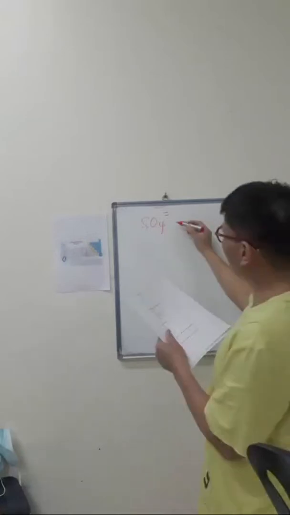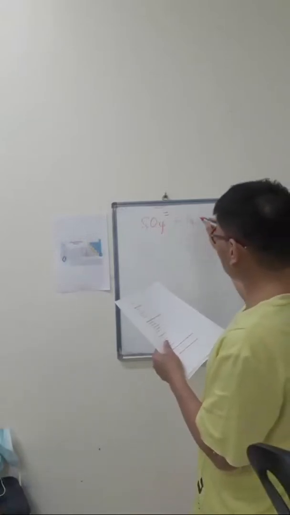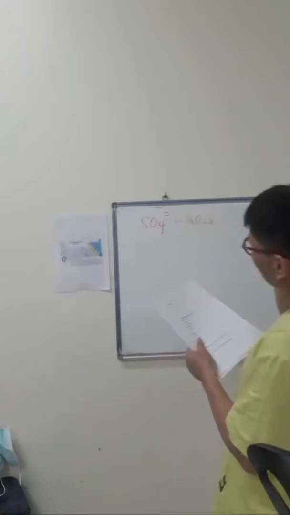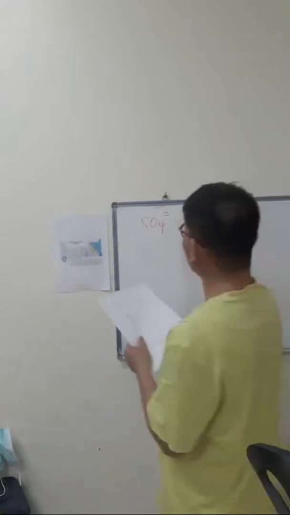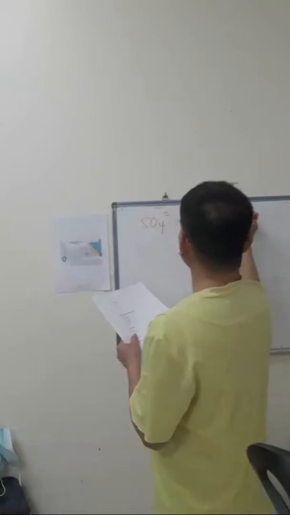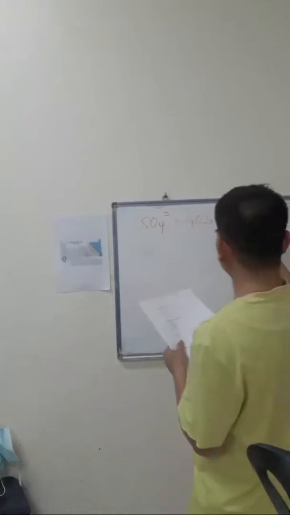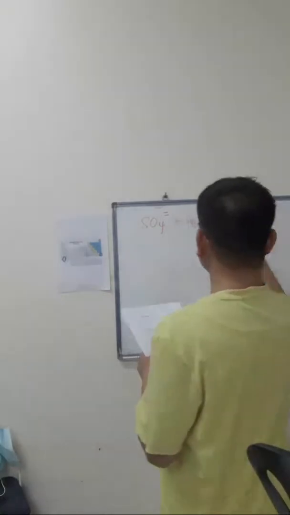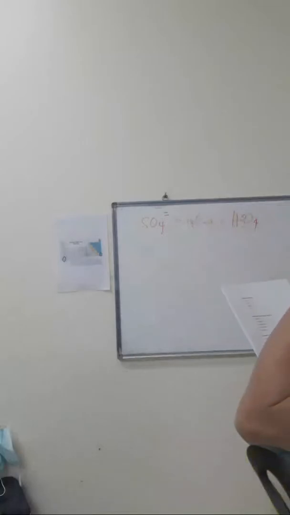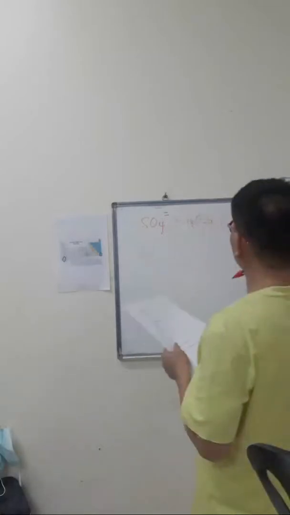So SO4, negative 2. If it reacts with water, in a water solution, it will now become anions. This can yield sulfuric acid, H2SO4. Now it will contain anions, negative 2, but this negative 2 anion is not yet a product.